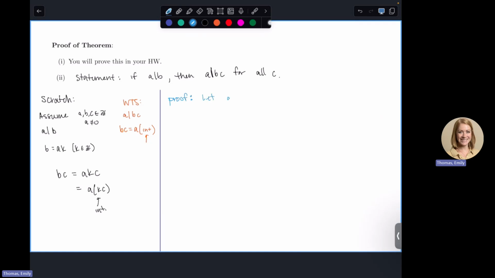Let A, B, and C be integers and A not 0.